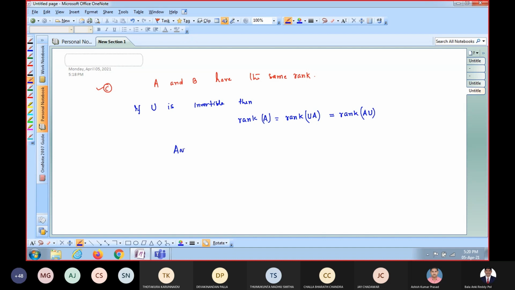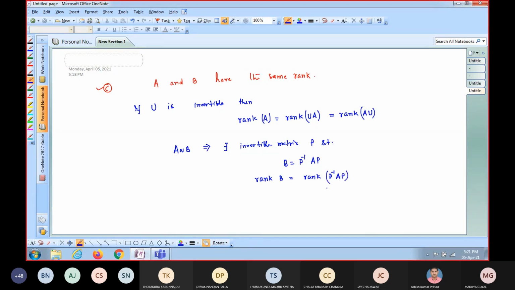Now, A is similar to B, then this implies there exists an invertible matrix P such that B is equal to P inverse A P. Right? Now, what is the rank of B? The rank of B is the rank of P inverse A P. And now, what about P?